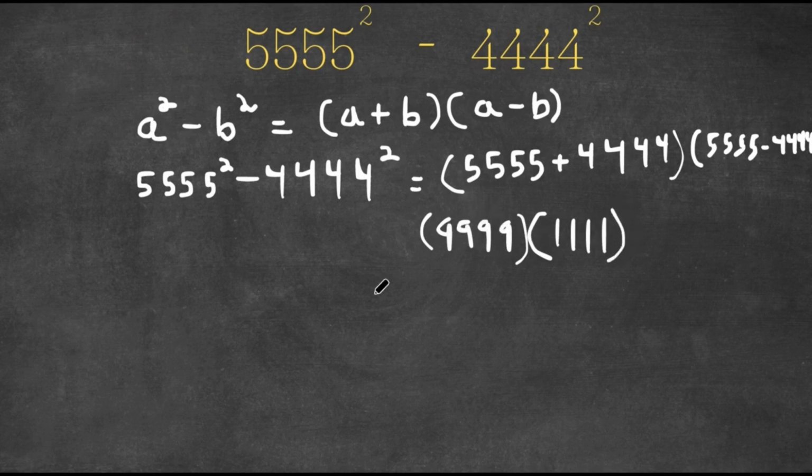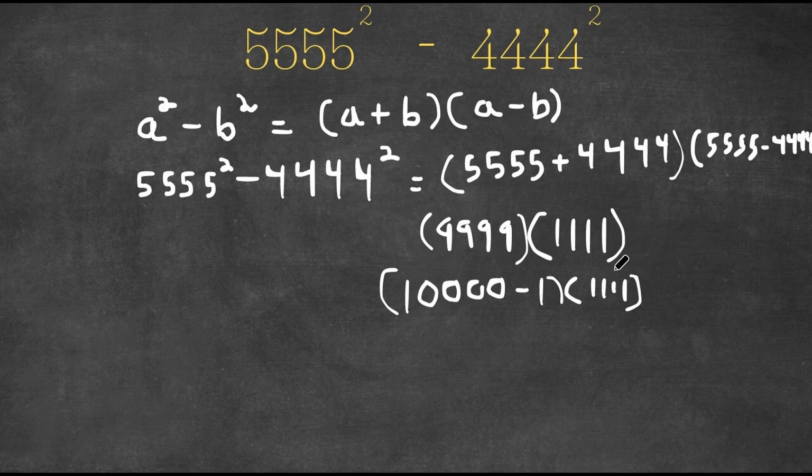Now 9,999 is the same thing as 10,000 minus 1. So now we have 10,000 minus 1 times 1,111. And now, using the distributive property, we can distribute the 1,111 to both terms. So now 1,111 times 10,000 is simply 1111 with 4 zeros. So 1, 2, 3, 4.